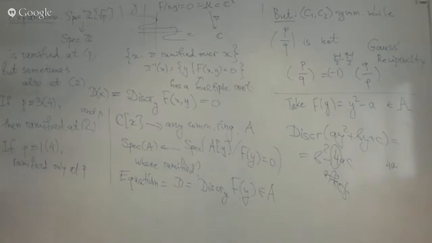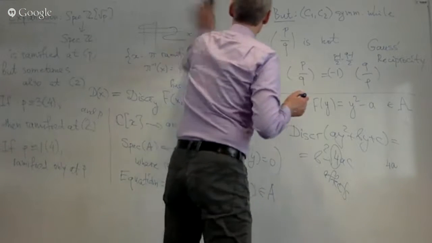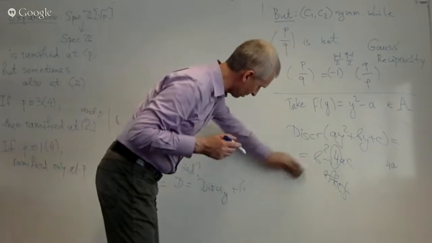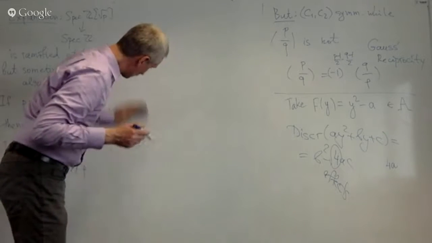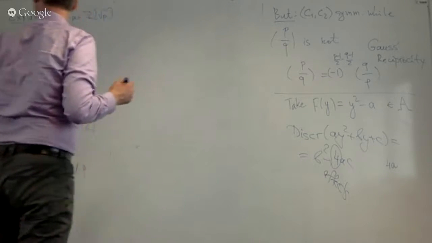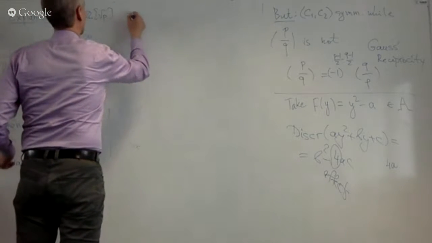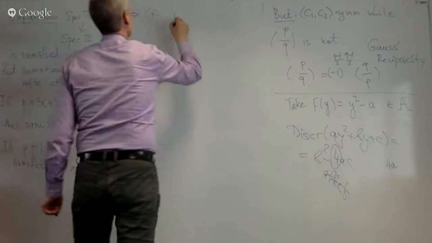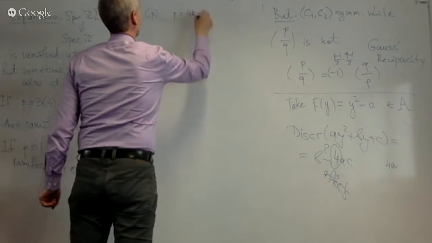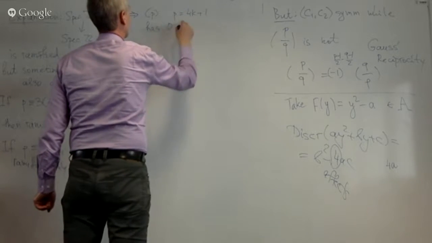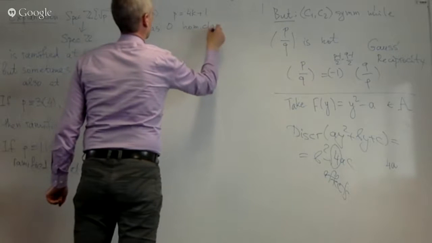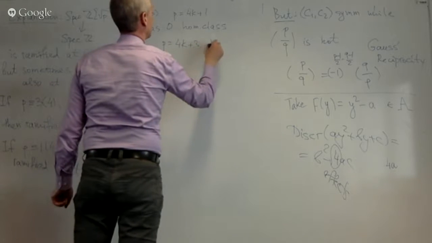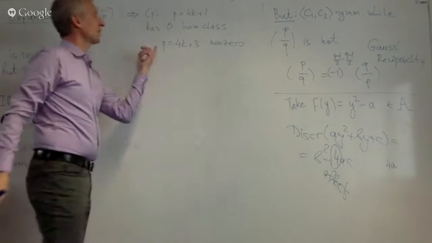The real point is that if you use the XZ3 manifold, then as far as homology mod 2 is concerned, the class for p equal to 4k plus 1 has zero homology class, and if p is 4k plus 3, it is non-zero and matches the class of 2.